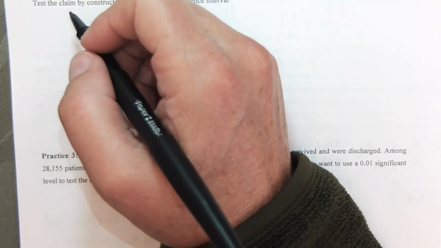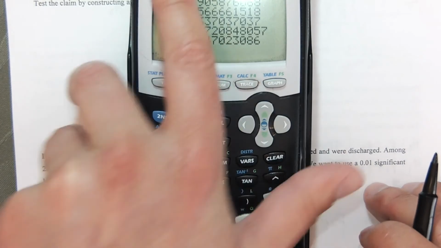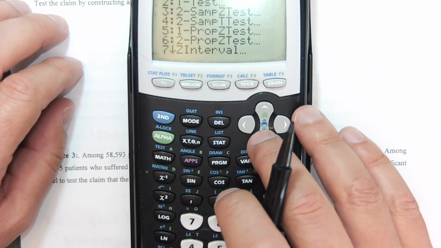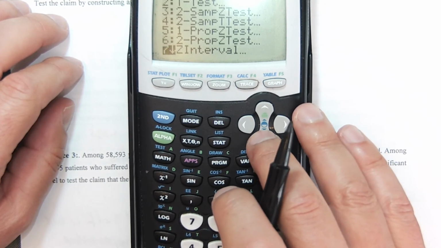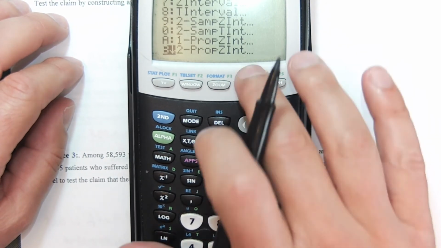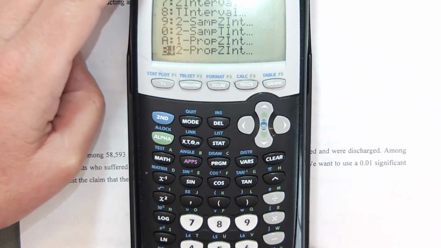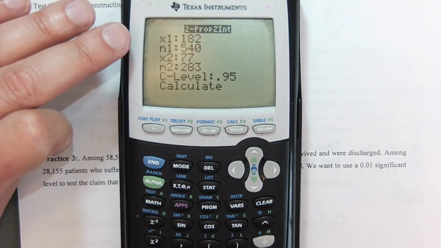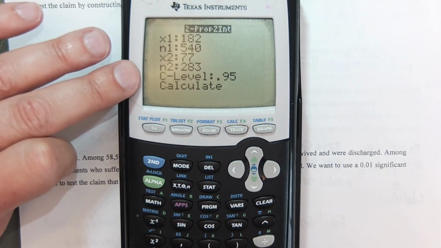And I'm going to go to stat again, tests. We're going to go to 2-prop z interval, this one here. And it actually saved it from the previous problem, so it still has everything in there.